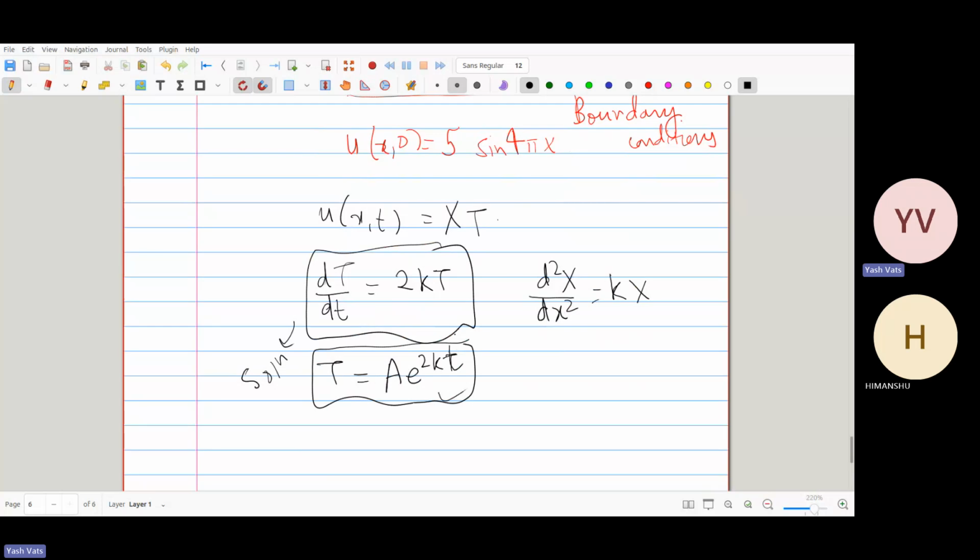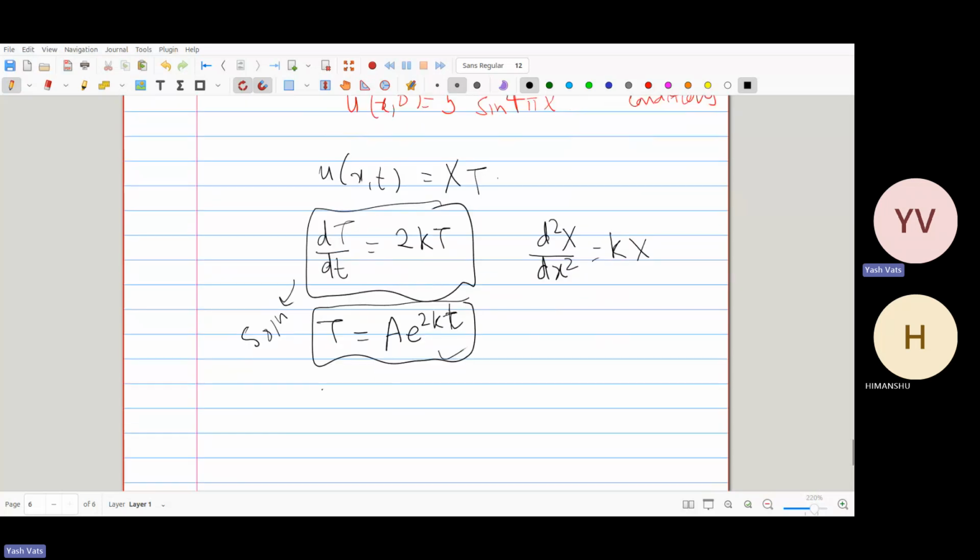Which case you should consider, k positive or negative, whatever you like. If k is negative, then you just take k to be some minus lambda square. Then you have T is a e to the power minus 2 lambda square t.